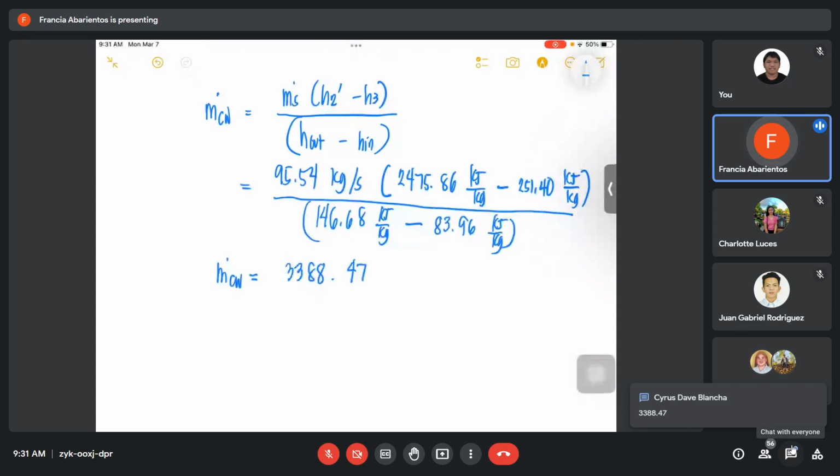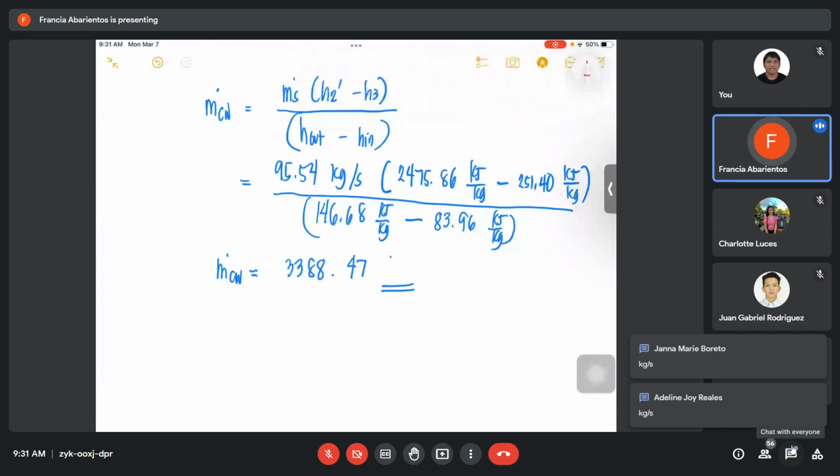What will be your unit? Class, on top, it is steam: kilogram of steam per second times kilojoule per kilogram of steam.